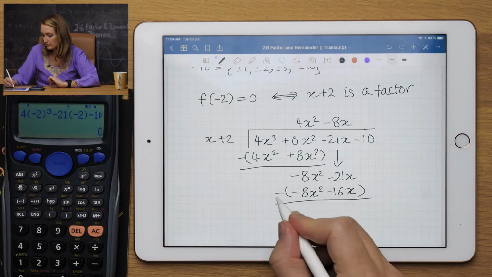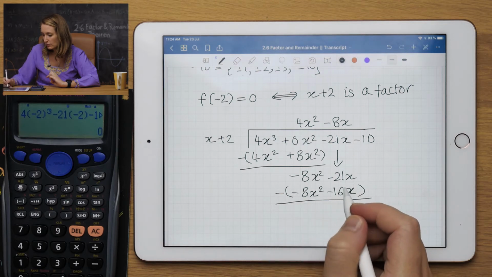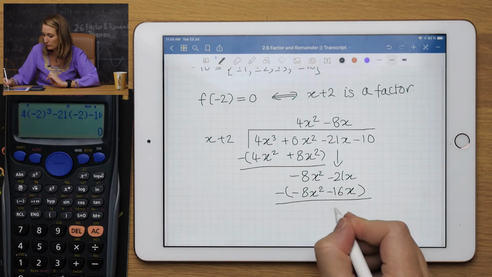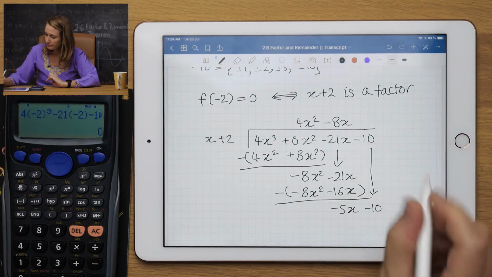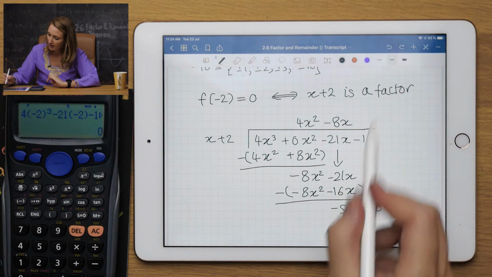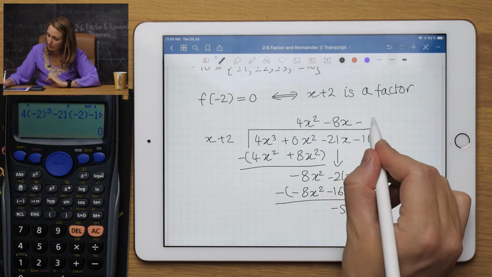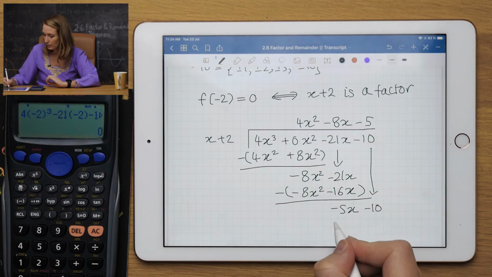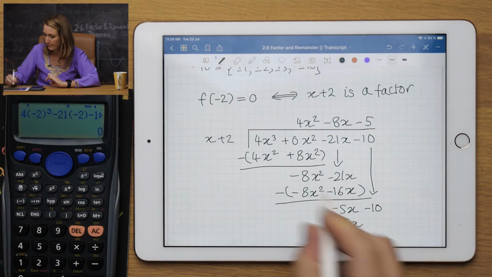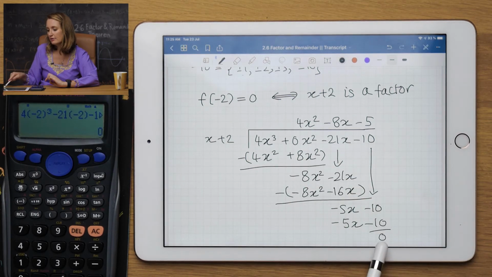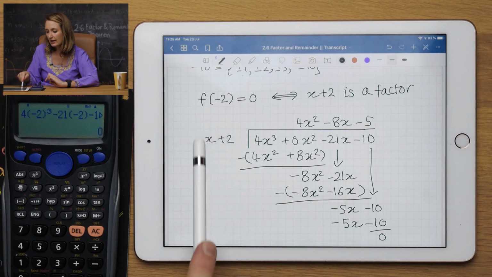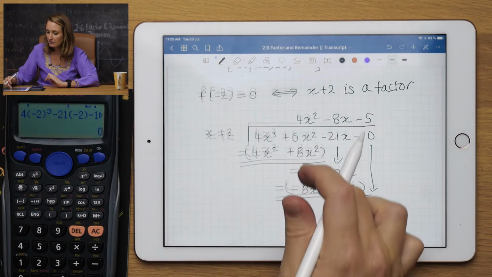Minus 21x plus 16x would be minus 5x. Drag down the minus 10. Minus 5x divided by x would be minus 5. And we multiply. Again, the 0 remainder verifies the fact that x plus 2 is in fact a factor.